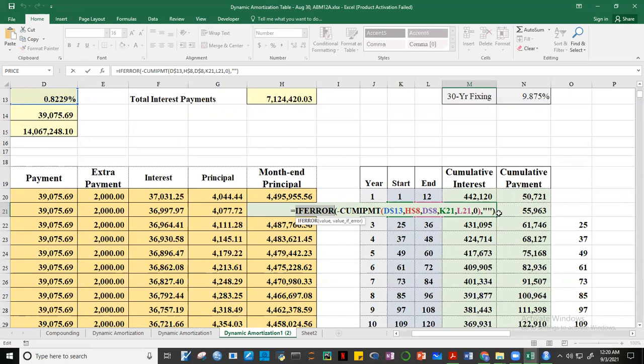Okay, so that's what this formula will do, no? Yung if error natin dito, in case magkaroon ng error sa pag-compute natin, it will give us nothing. Otherwise, bigay sa atin yung cumulative interest payment. Okay, ganun din dito sa cumulative principal payment if error din.